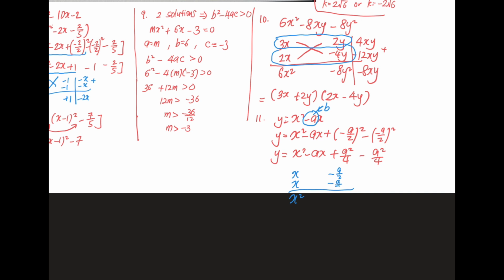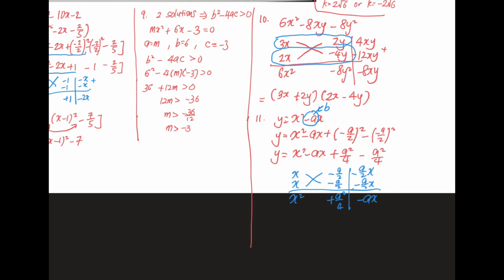Then x times x is x squared, minus a over 2 times minus a over 2 is positive a squared over 4, and cross multiplying, minus a over 2x minus a over 2x will get minus ax, which is the same as the term in the middle.